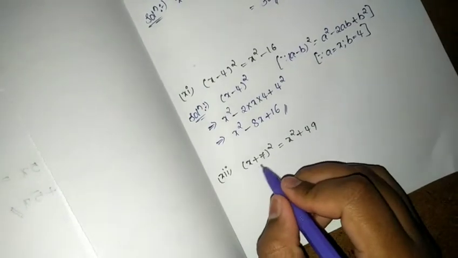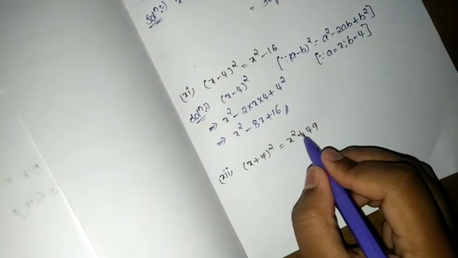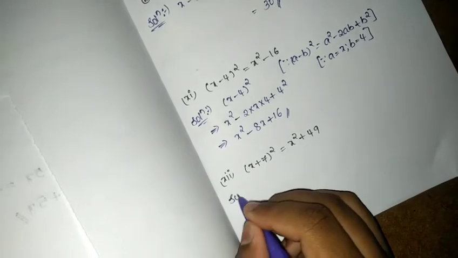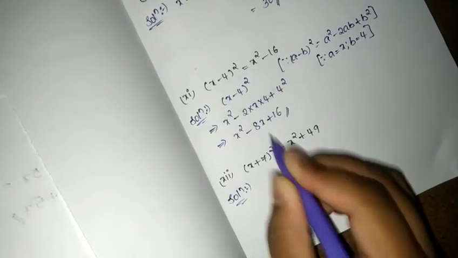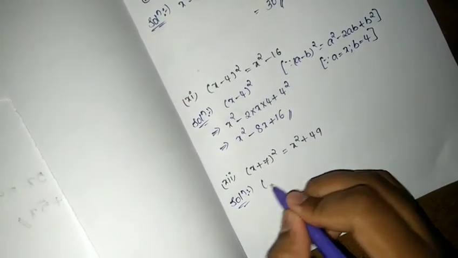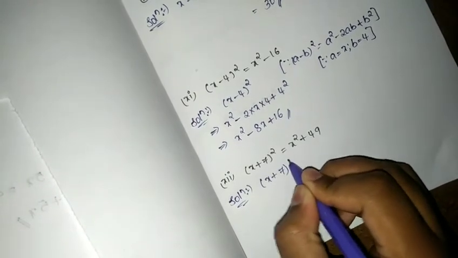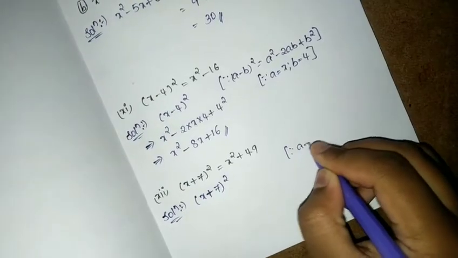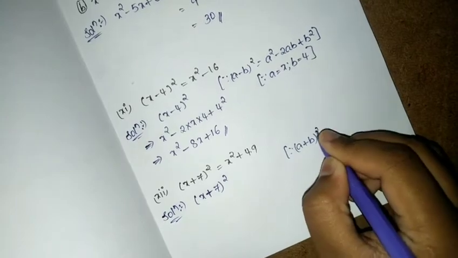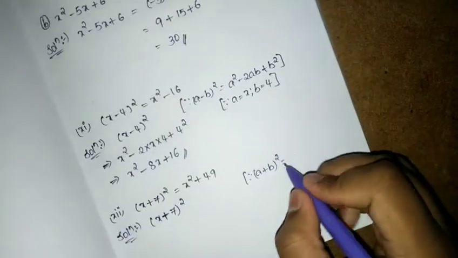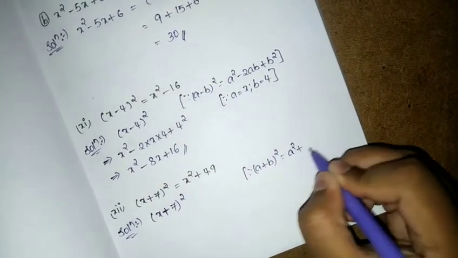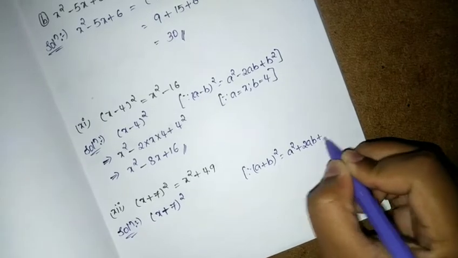Next problem, x plus 7 whole square equal to x square plus 49. This is also the same model as this. x plus 7 whole square. It is in the form of a plus b whole square. The formula for this is a square plus 2ab plus b square.